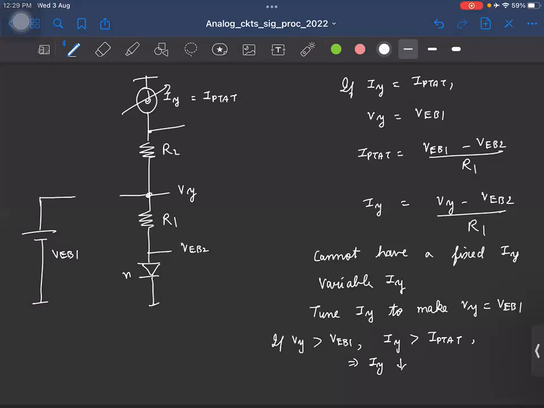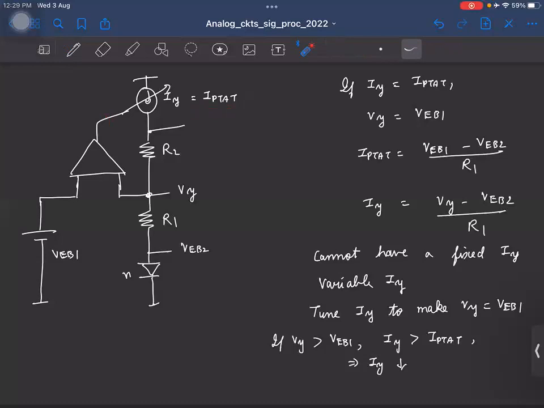So I'll have to compare these two, right? And then tune this current source, right? Basically, this is not any kind of variable current source. You need to vary this current based on this voltage, right?